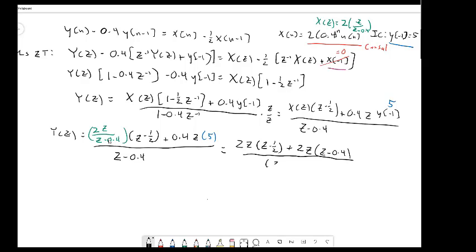Now over the quantity z minus 0.4 quantity squared. So we're combining another common denominator, which simplifies to 4z squared minus 1.8z over z minus 0.4 quantity squared.